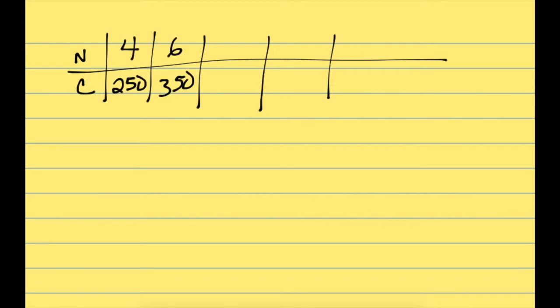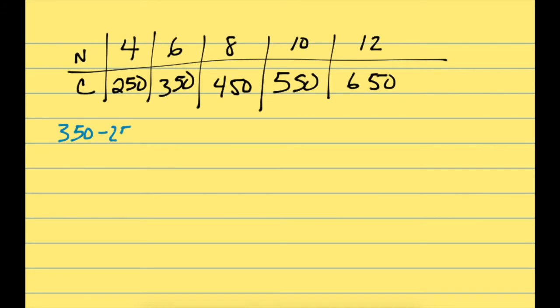So let's look at our rates of change for several of the intervals. We could check between 4 and 6. We'd do 350 minus 250, that's our change in output, over 6 minus 4, which is 100 over 2, equal to 50.